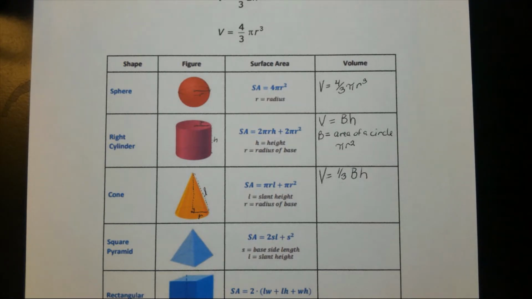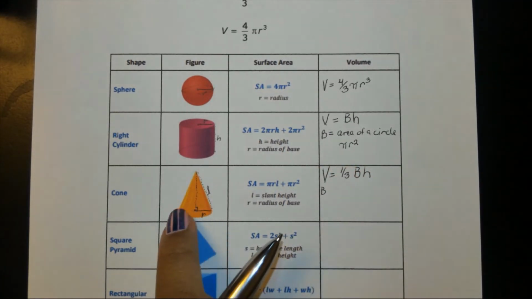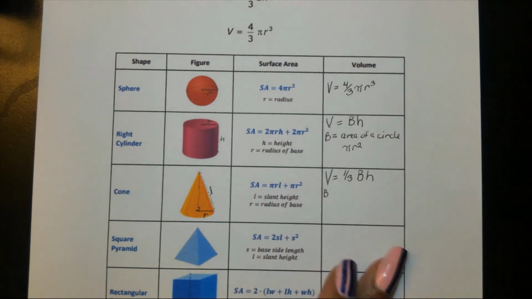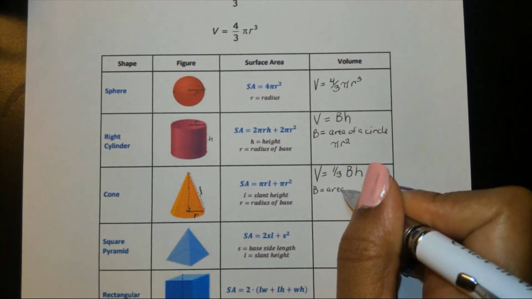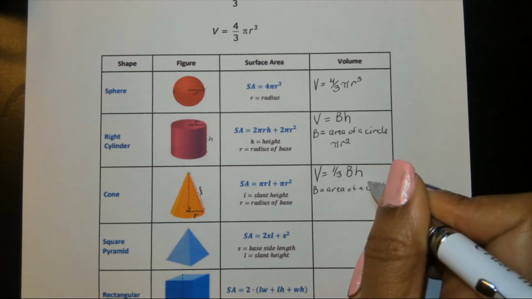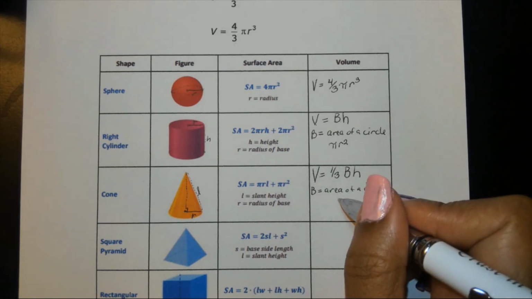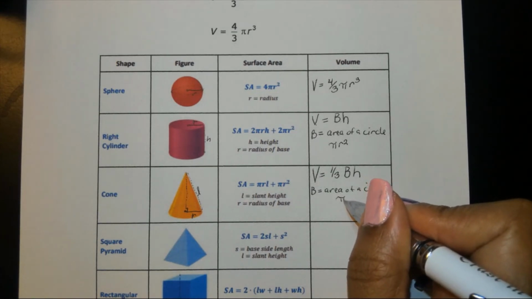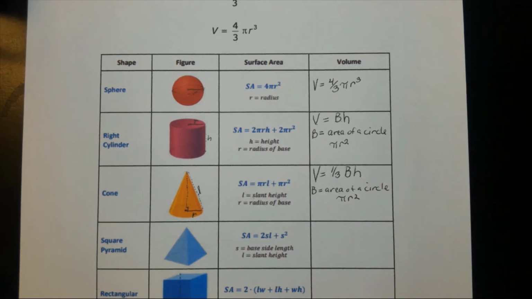In this one, our big B is going to be the area of the base, and the base shape is going to be a circle. So again, this is going to be the area of a circle. Please make sure that you include this. This is important. And of course, the area of the circle is the same area of the circle that it was above. Please do not neglect that.